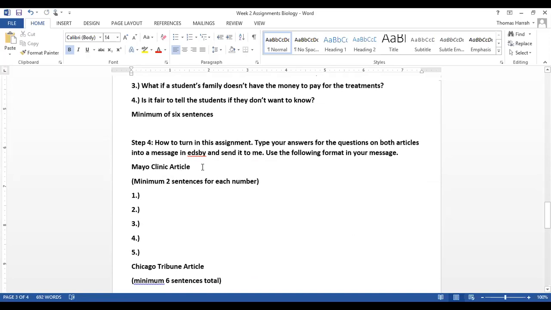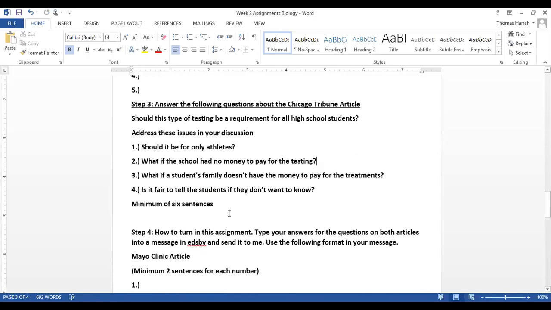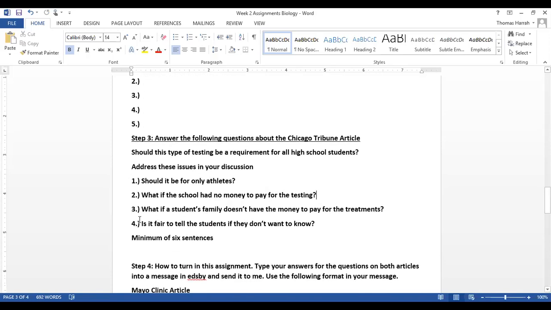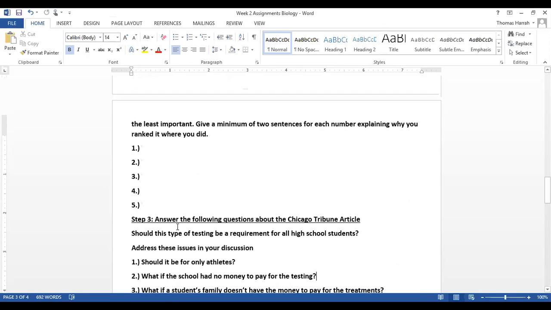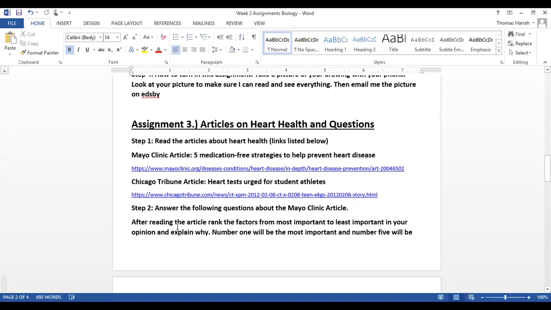Mayo Clinic article, and then underneath numbers 1 through 5, 2 sentences for each in the message you're sending me on Eds B. Then underneath of that, type Chicago Tribune article, and underneath of where you type Chicago Tribune article, type a minimum of 6 sentences where you're addressing all of these issues in step 3 that I talked about. All right, so that is assignment 3, which is the articles on heart health.